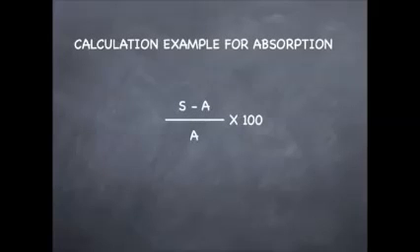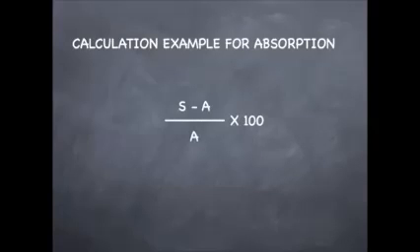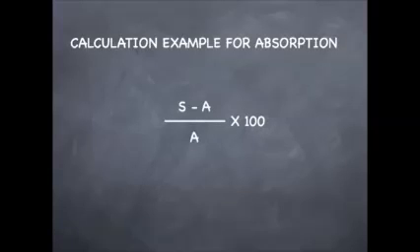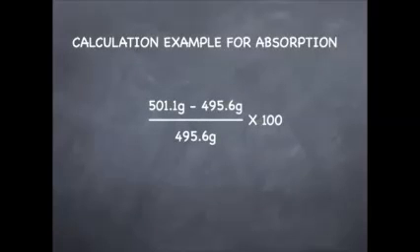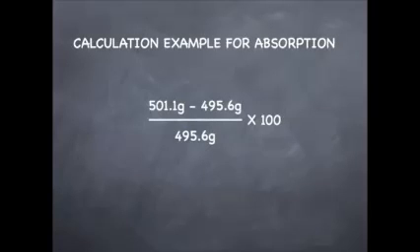Now let's go ahead and calculate our absorption. The calculation for absorption is S minus A divided by A times 100, where S is the weight of the SSD specimen and A is the weight of the oven-dried specimen. And again, we simply plug in our numbers, so 501.1 minus 495.6 divided by 495.6 times 100.